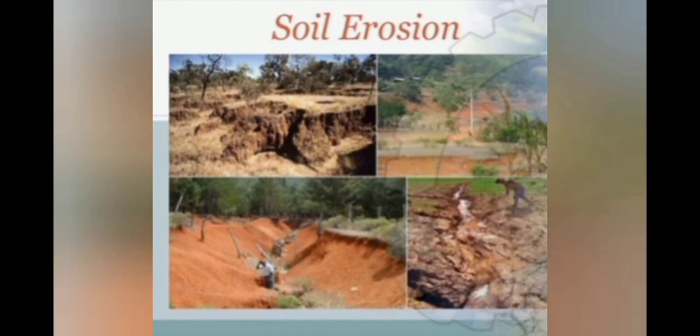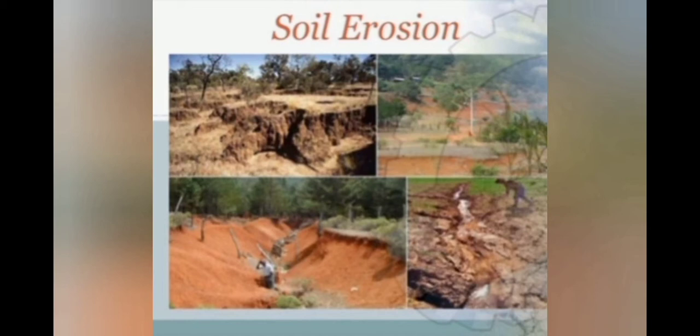So if we cut down more and more trees, and heavy rainfall, floods and strong winds wash away the topsoil, which is very useful to the plants, in this way soil erosion happens. So we should look into that.